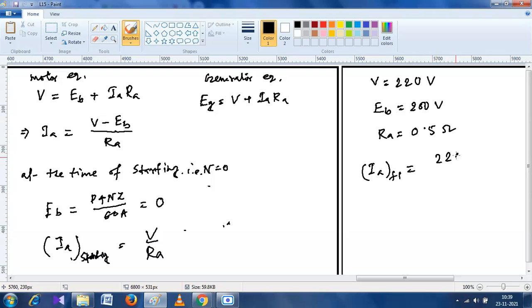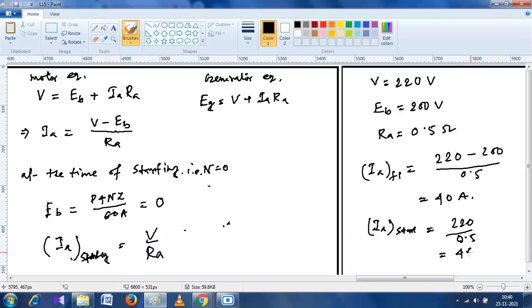We derive it from the motor equation. The value is 40 ampere. And what is the starting armature current? 440 amperes, because at the time of starting there is no back EMF.